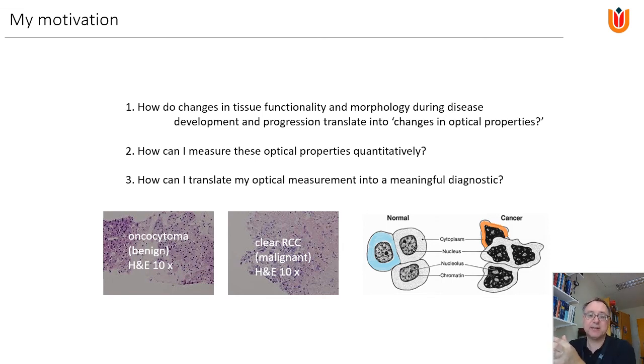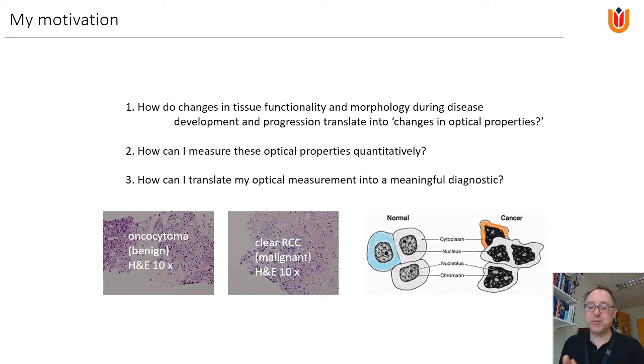You can see that the distribution of sizes of the nuclei becomes much more irregular. So there is a lot of small scale morphological change going on that will surely translate into changes in optical properties. So that will surely translate into something that we should be able to measure with optical techniques.